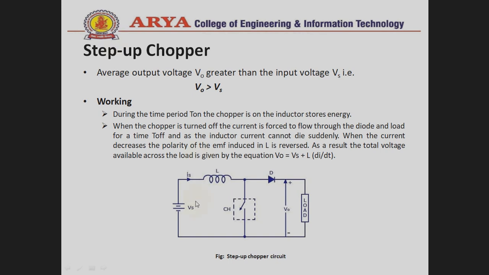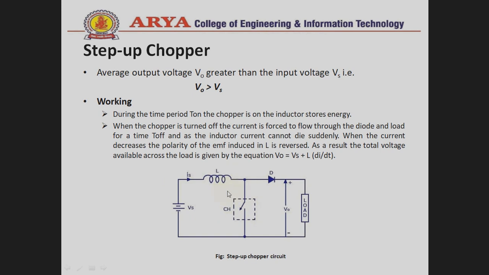Now the working of step up chopper, and this is the circuit diagram of step up chopper, in which when chopper is on, the inductor stores the energy because current flows in this direction and the diode is reverse biased. Due to this condition, the output voltage is 0.